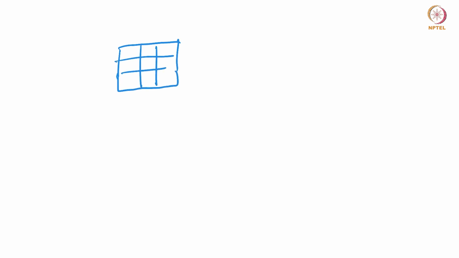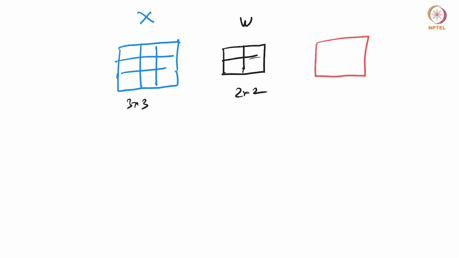Call it X. Then you have your filter kernel, which is your weight matrix W, of size 2 cross 2. Your output will be 2 cross 2, this is your Y output. If you do a cross correlation of X with W, you would get Y as the output.